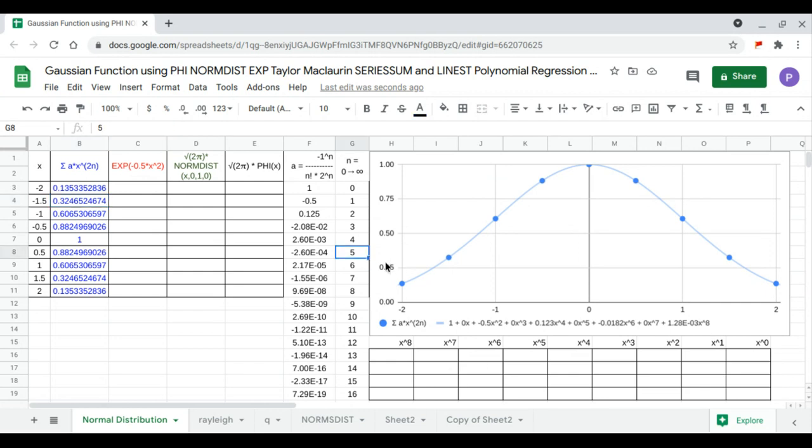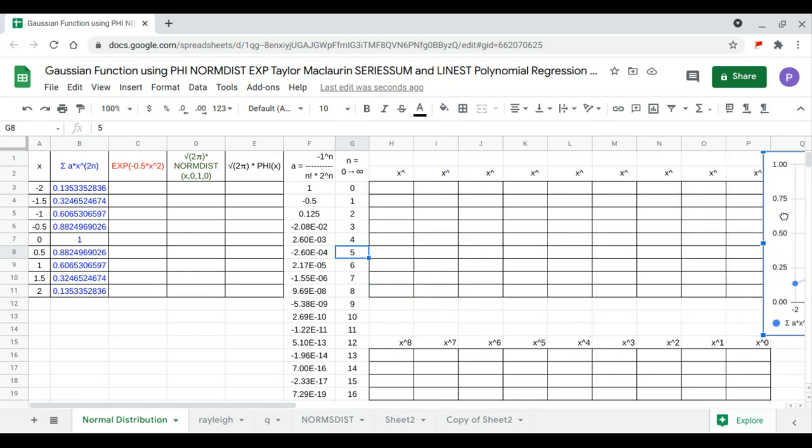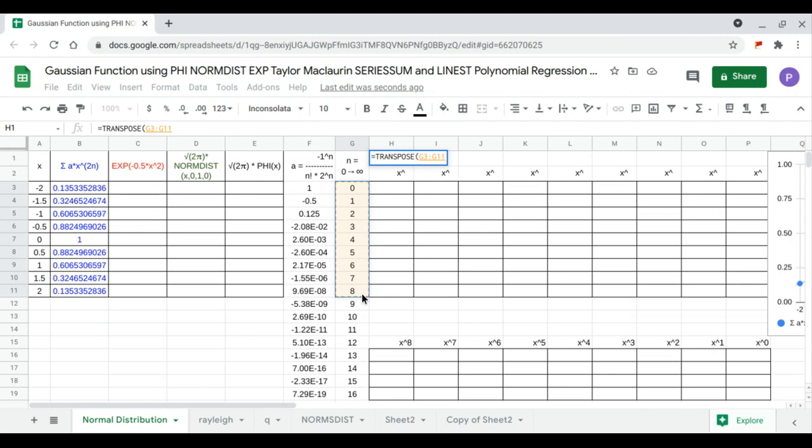We can check the polynomial regression coefficient using LINEST. To do that, we complete the LINEST matrix, which is transpose 0 to 8. And this would be array formula of the x values raised to the power 0 to 8.